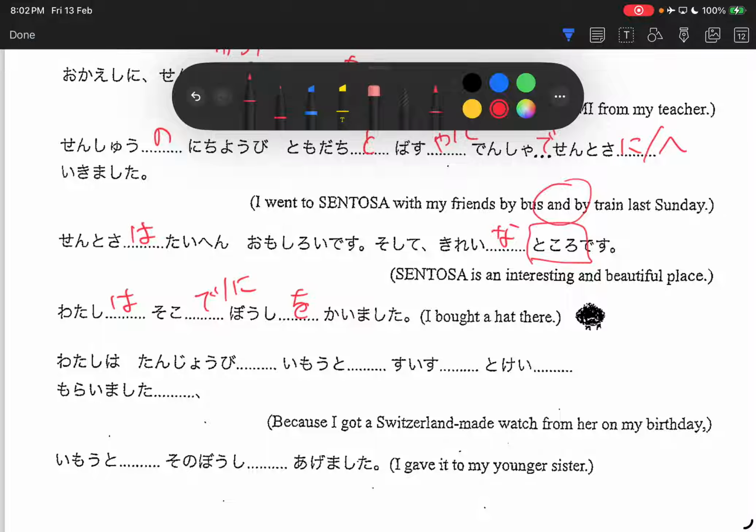Okay, next line. Watashi wa Cecilia. I just talked about it just now. During September, during a certain event, the particle should be ni.